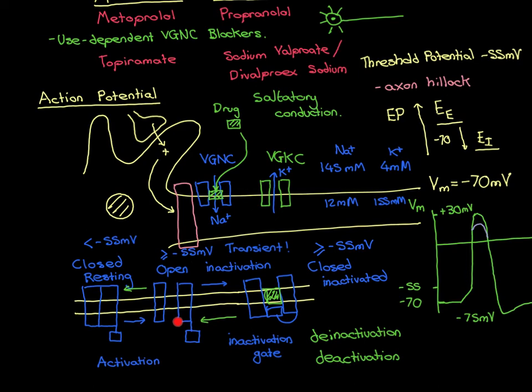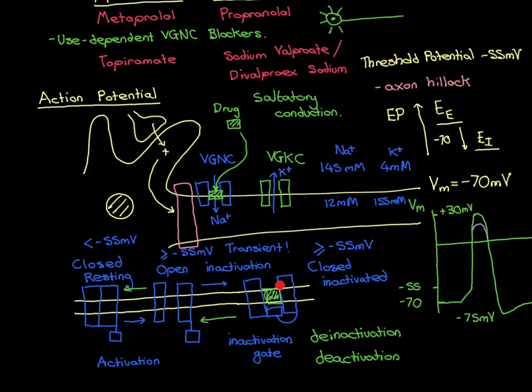So it takes a little bit of time to de-inactivate, and then it will deactivate, and that time that it takes to deactivate is the same sort of amount of time that it took to inactivate, so this sort of time here. Okay, so normally, by the time we'd want to fire another action potential, they would all have gone back to the closed resting state and everything would be ready and we could do it.